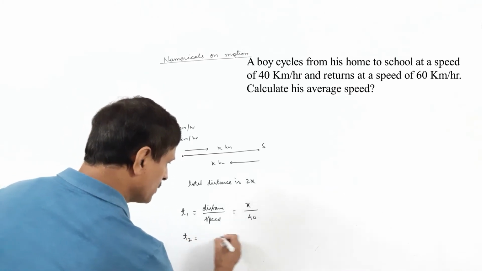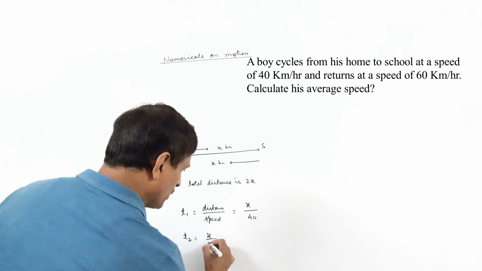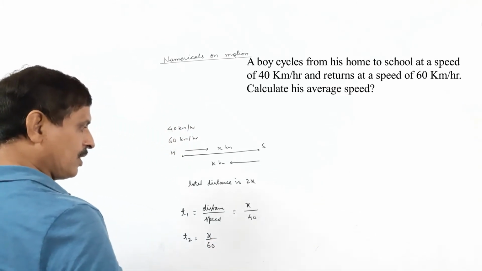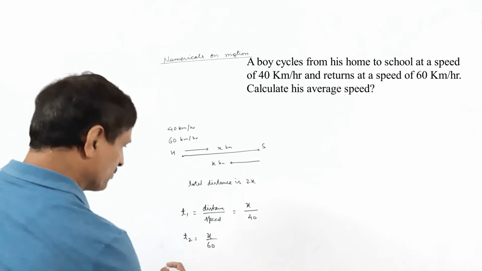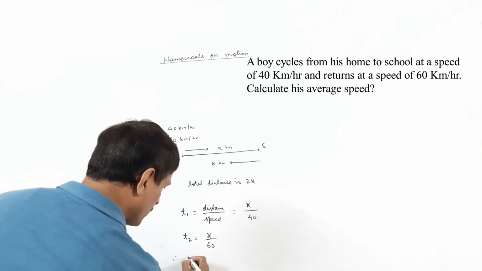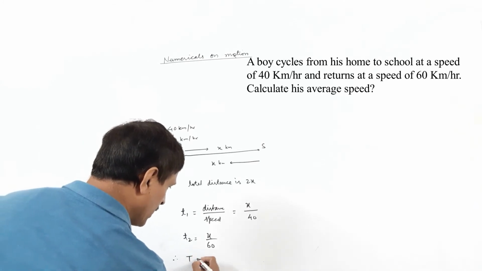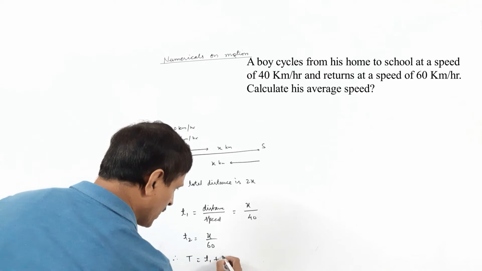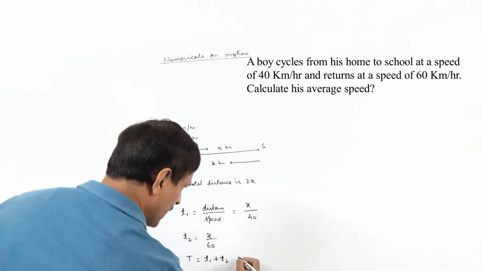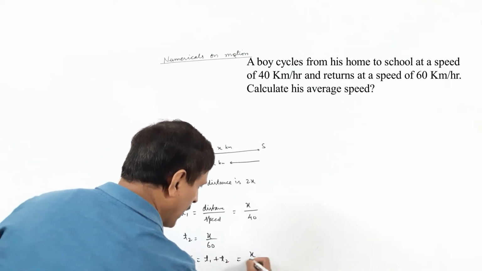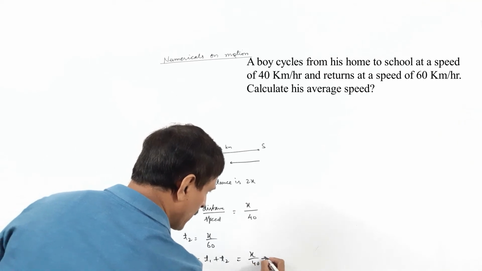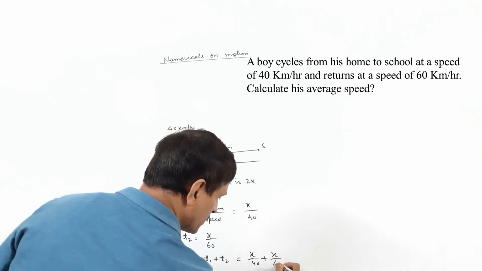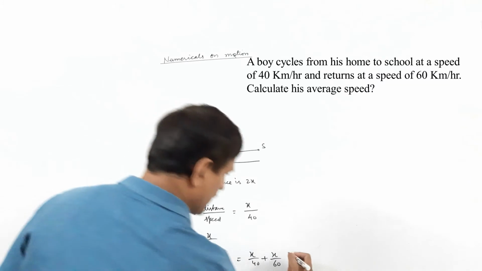T2 is equal to x upon 60. Therefore total time T is equal to T1 plus T2, that is x upon 40 plus x upon 60.